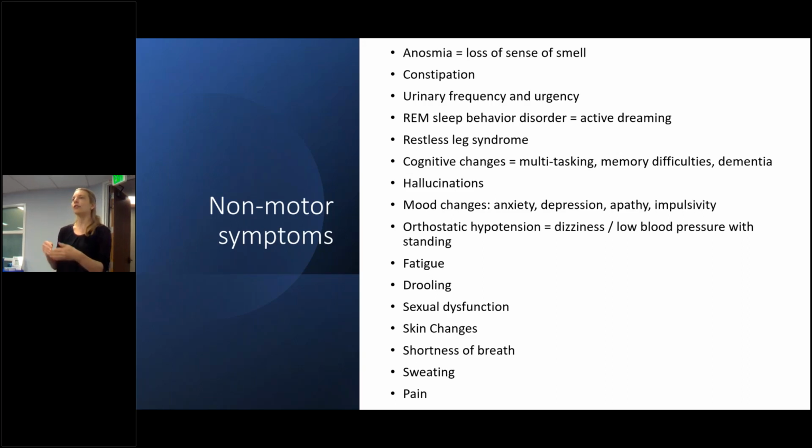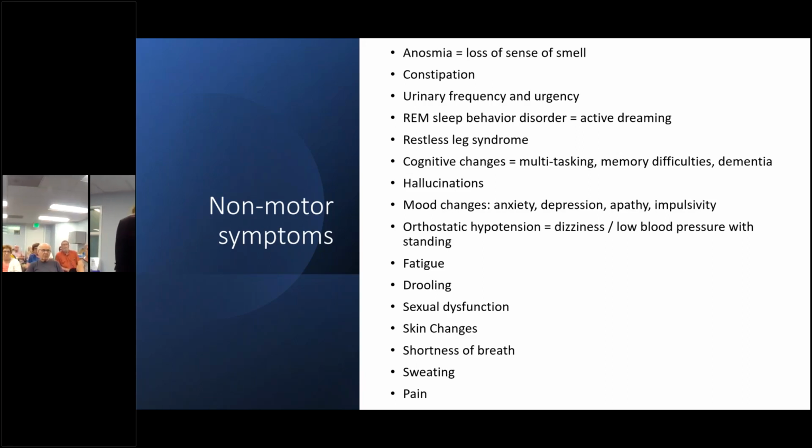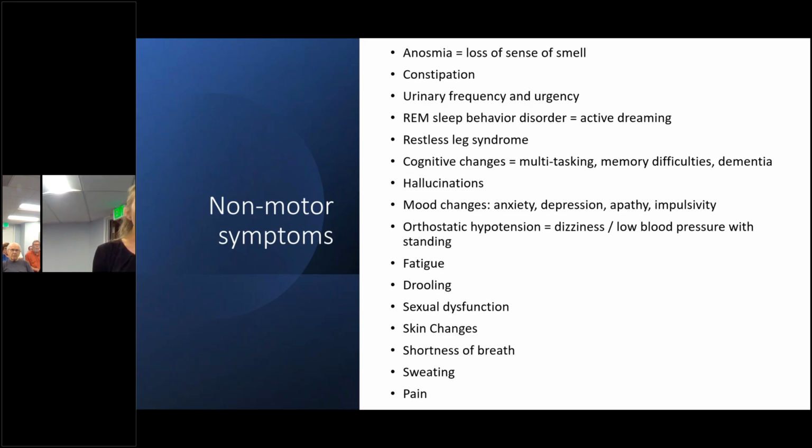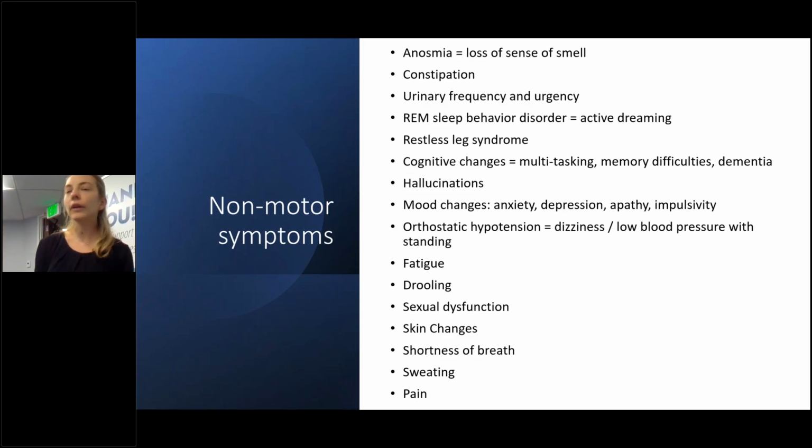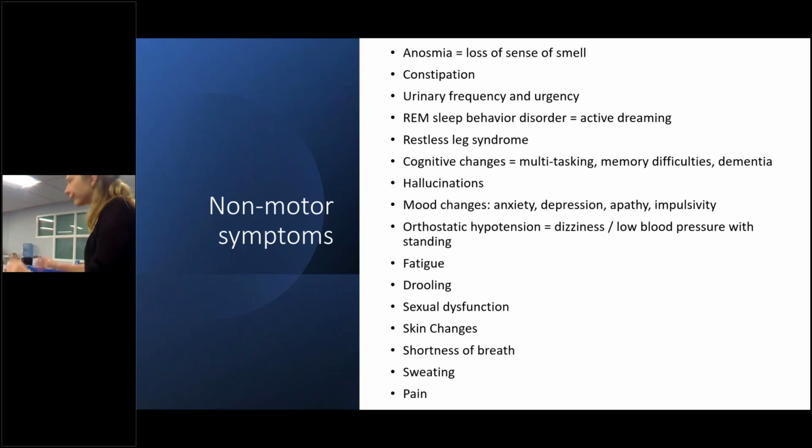Melanoma has a higher association in Parkinson's, but in Colorado, we all need to do a better job of getting our skin checked because of where we are, okay? Shortness of breath is an interesting association. Sweating, and then pain. Really interesting articles about pain and Parkinson's and how we don't understand why pain has greater ratings.